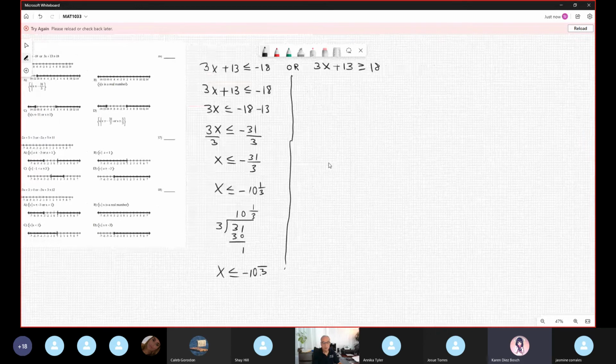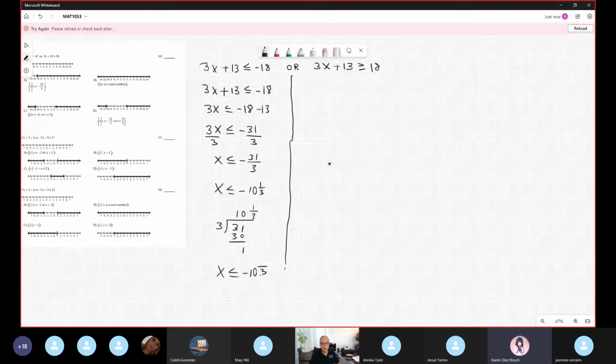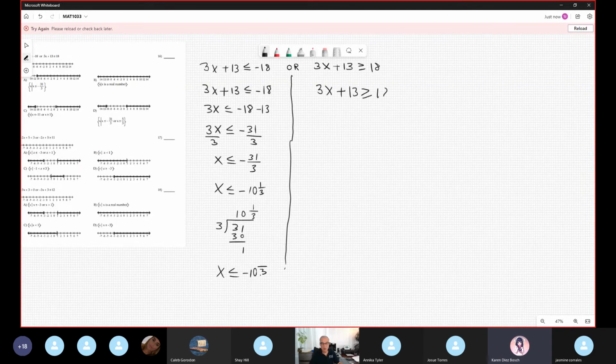Let's move on to the second. The second is 3x plus 13 greater than 18. 3x is greater than 18 minus 13, which is 5. Divided by 3, which is a positive number. Cool. The inequality sign stays the same.